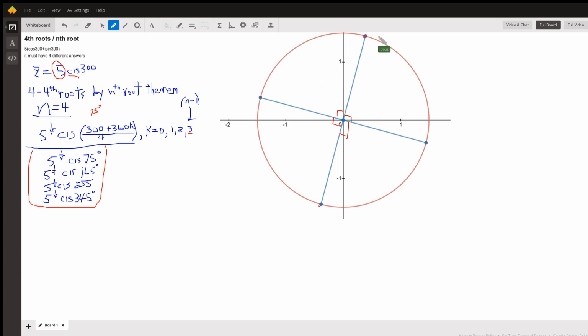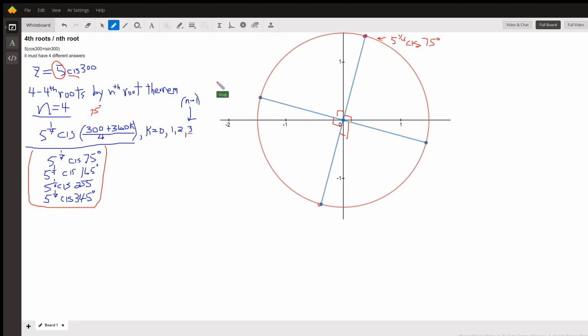And this number right here, for example, that's representing the complex number 5 to the 1/4 in polar coordinates, cis 75. And of course, this one is 5 to the 1/4, cis 165, and so on.